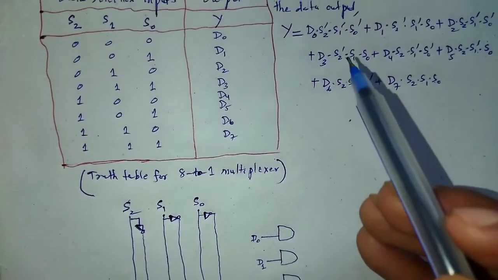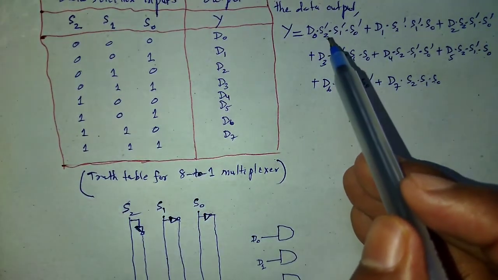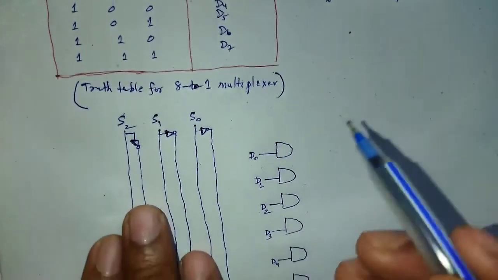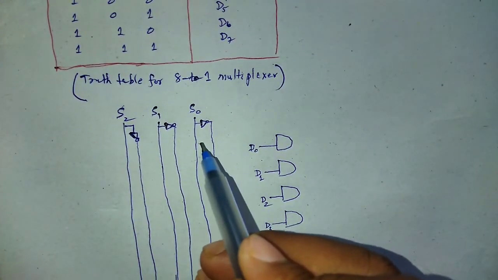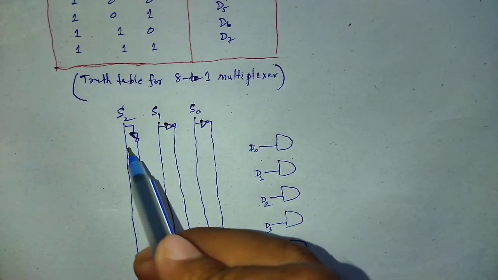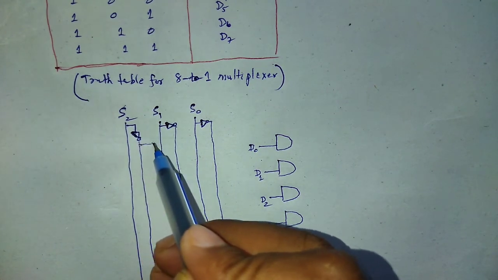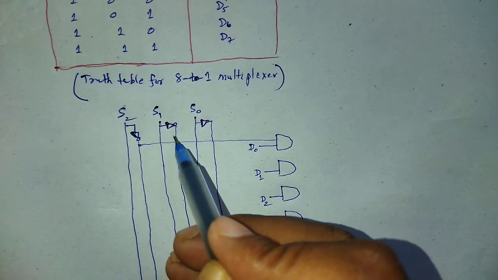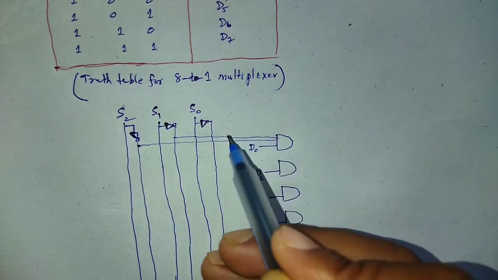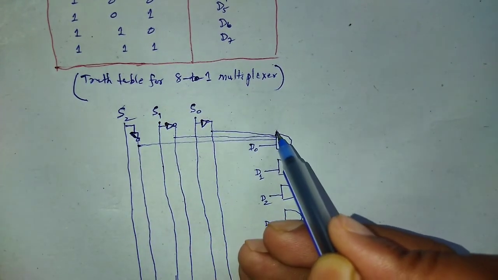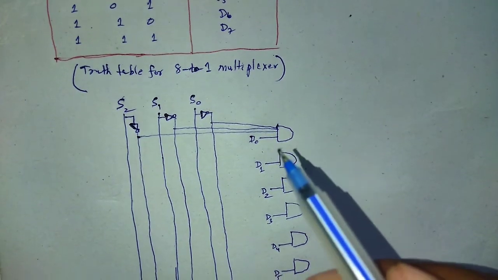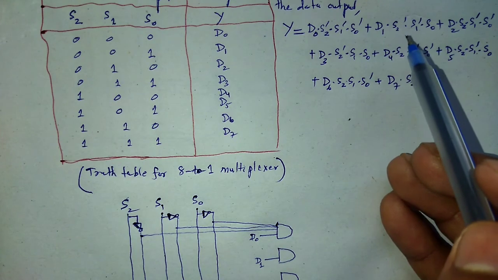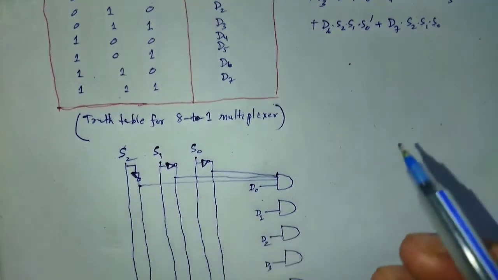For the first one, D0 as S2 dash, S1 dash, S0 dash. Next, D1 with S2 dash, S1 dash, S0.